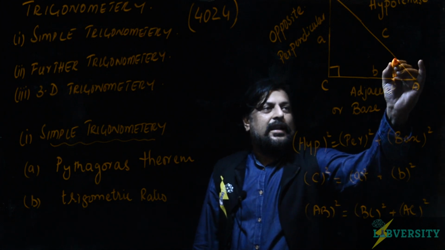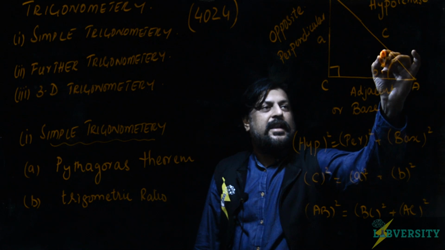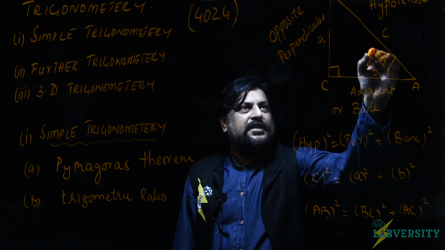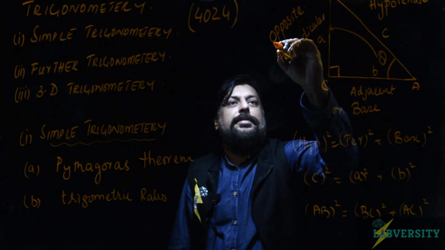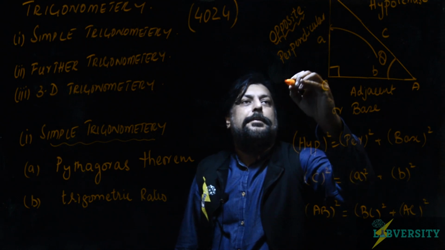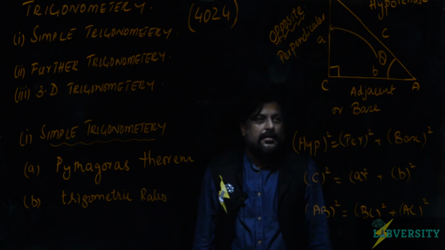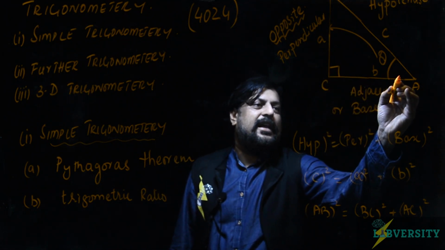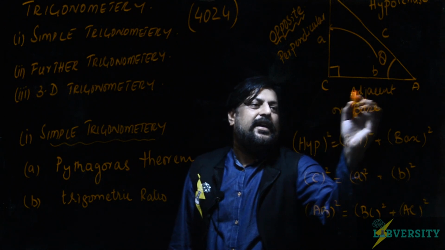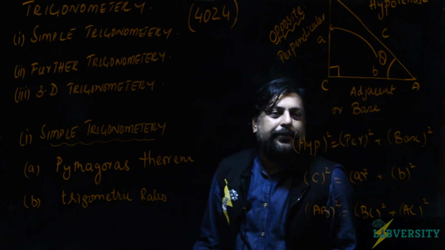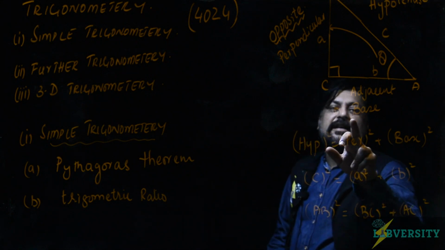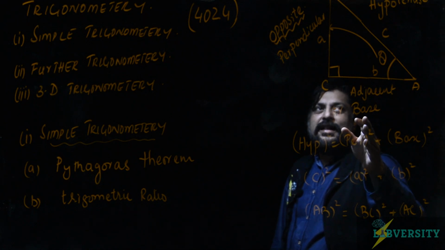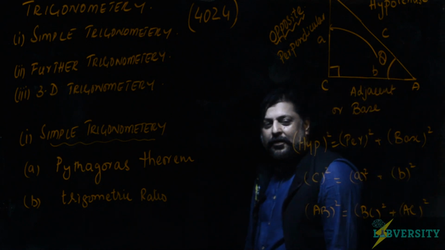If the angle we are considering is, let's say, theta, then the opposite side we may simply call the opposite side or perpendicular of the triangle, and the side joining the 90 degree angle with this angle, that is AC here, is called the adjacent, or in some books it is written as base.